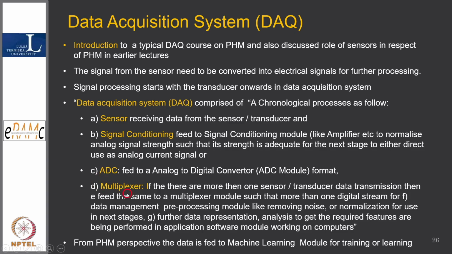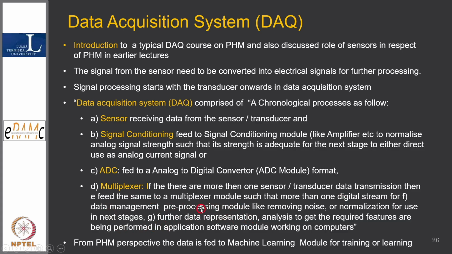It takes all the inputs and then produces output. If there is more than one sensor and transducer, the signals are fed to the multiplexer module such that more than one digital stream is produced for data management, and further it goes to data representation.